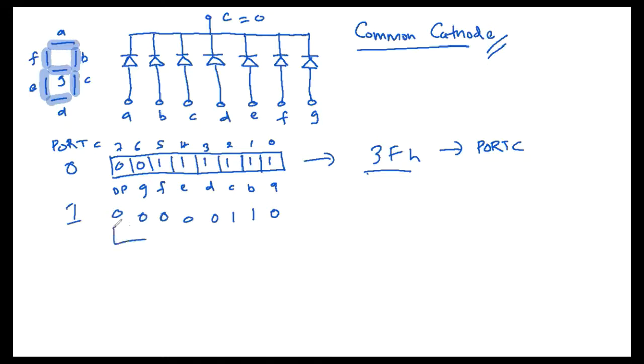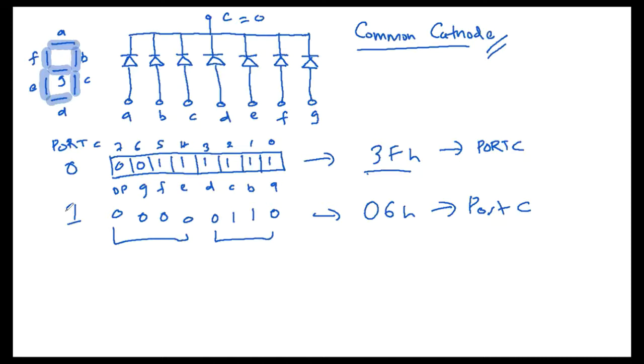This combination of bits in hexadecimal comes to 06 hex. So if I write 06 to port C, it's going to display 1 on the 7-segment. Now we can do the same thing for the rest of the numbers.